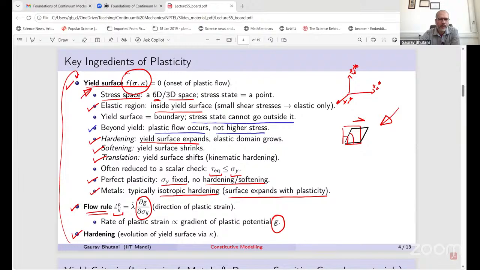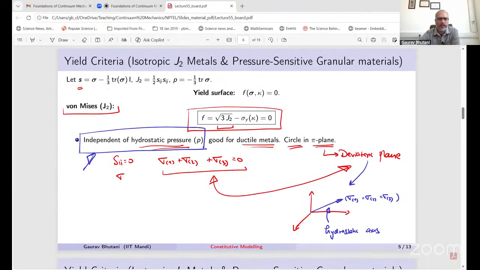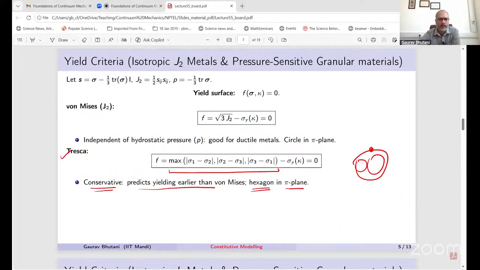So yield surface, flow rule, and hardening, they're the three ideas in plasticity that one deals with. And again, yield surfaces which are pressure independent, we draw everything on the deviatoric plane, which is perpendicular to the hydrostatic axis, because you're dealing with things independent of the hydrostatic pressure.